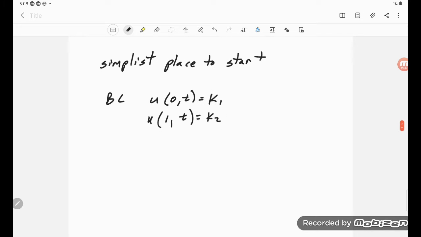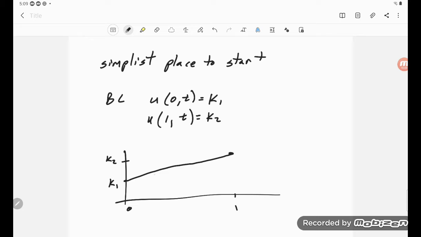So we've seen that before, and what we know is that eventually, if this is say K1, and up there's K2, here's 0, here's 1, then this would be our solution as t goes to infinity. We would expect just a straight line, something like that.